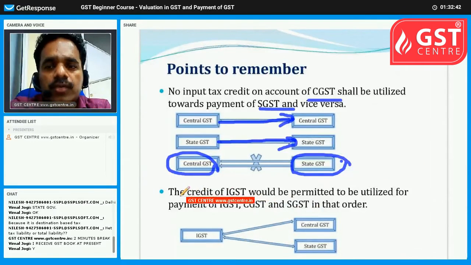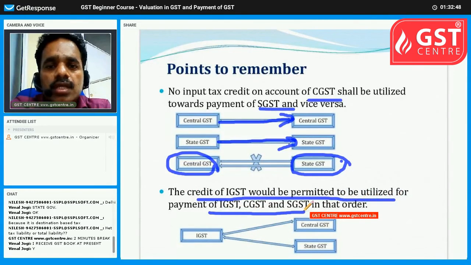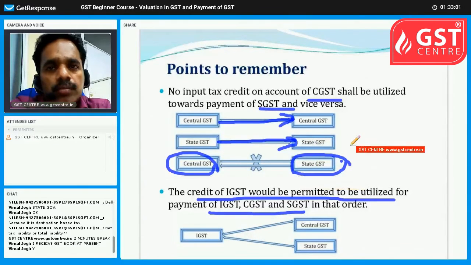Another important point is that the credit of IGST would be permitted to be utilized for payment of IGST, CGST and SGST in that order. So CGST credit can be used for CGST payment, SGST credit can be used for SGST payment.